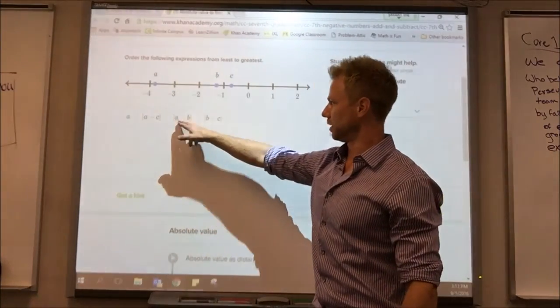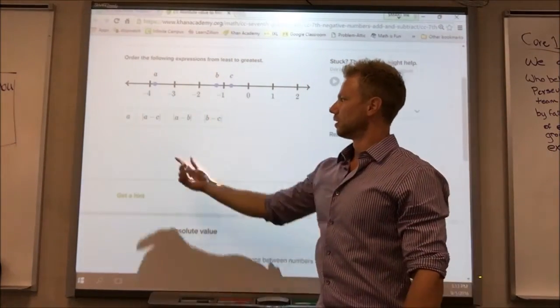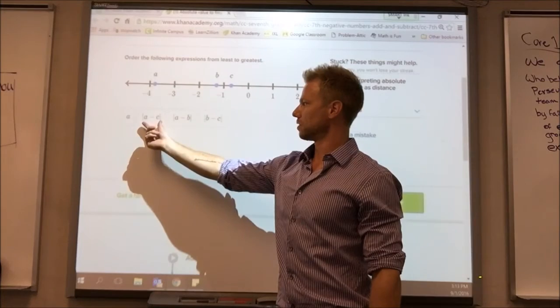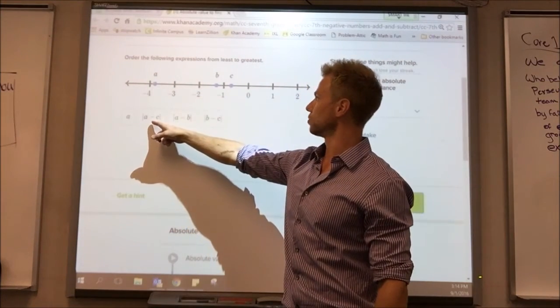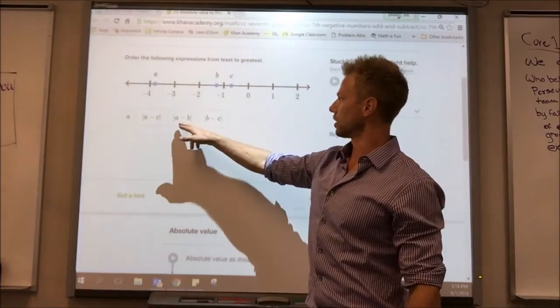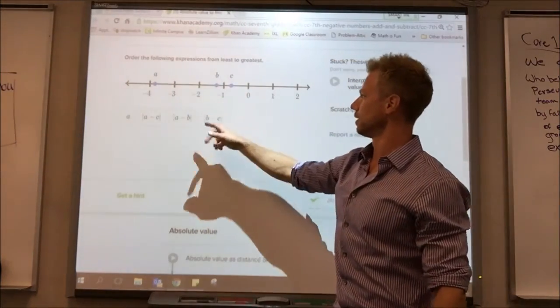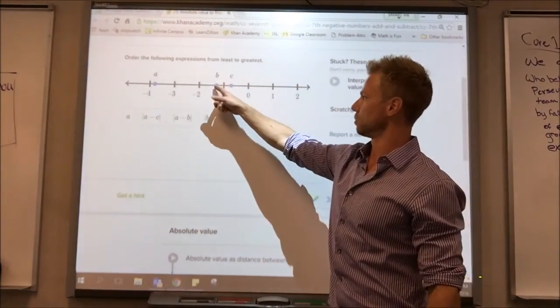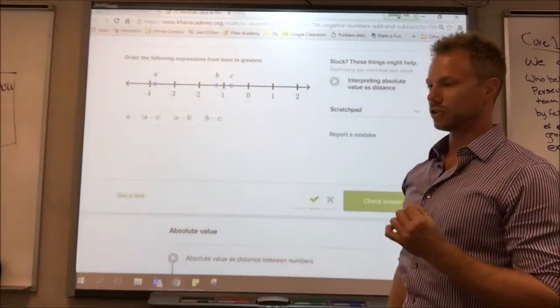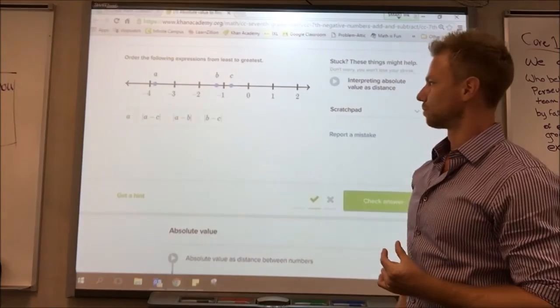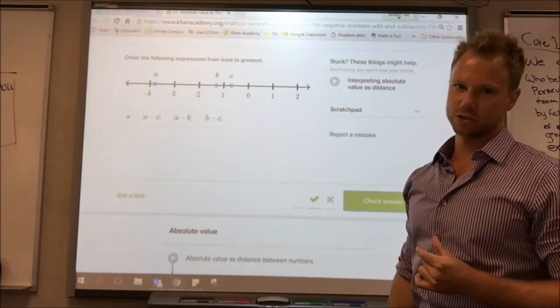Then the rest of these are really a way to find the distance between the 2 points. So this is telling us the distance between A and C. This one's telling us the distance between A and B. This is telling us the distance between B and C. So the next one in order would be the shortest distance. So which 2 points have the shortest distance?